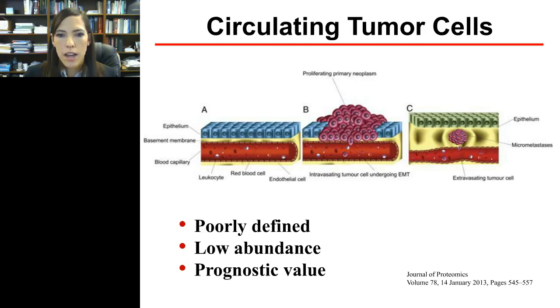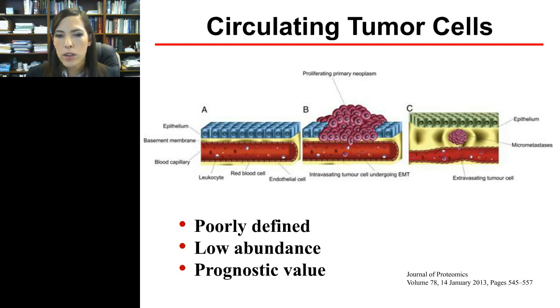Those cells then have the potential to form metastatic lesions in the patient. So these cells are very dangerous to the patient, more so than what's in the primary tumor, because for most patients, the mortality comes from metastatic cancer and not the primary tumor.